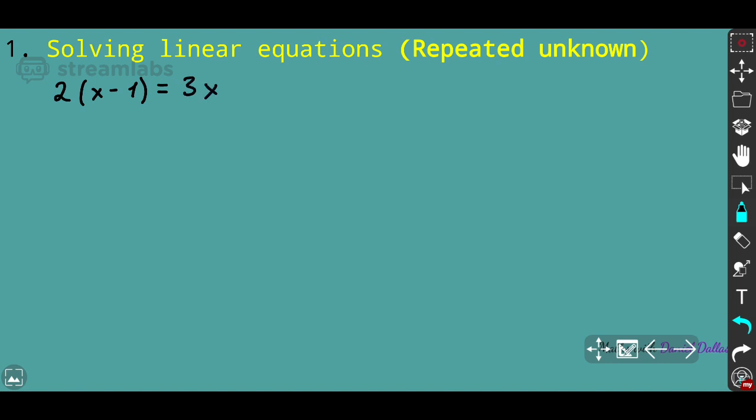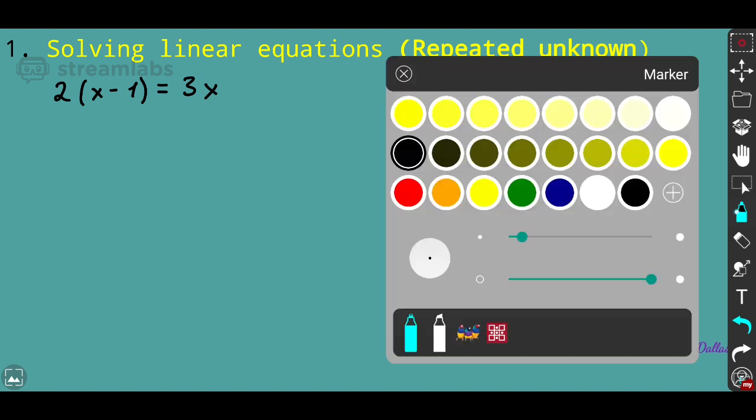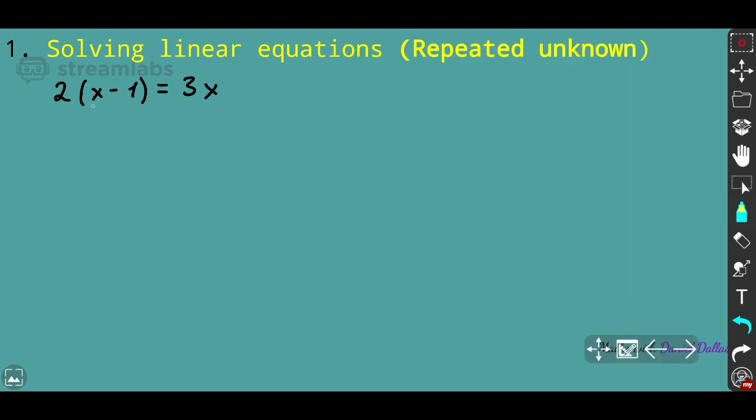Okay, so in order to solve these equations, we need to identify repeating unknowns. The repeated unknown in this case is x, but it's too early to simplify, we're just trying to combine them. The primary goal in solving is to combine them in one part, okay?